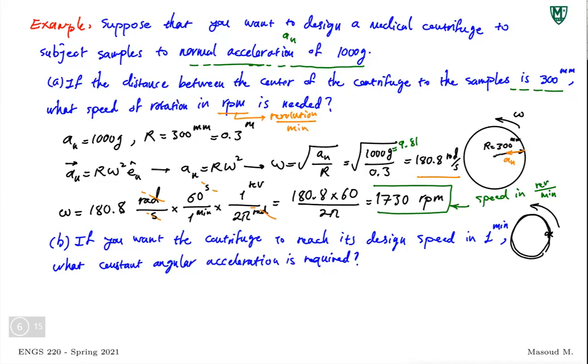So we are looking for the relationship between angular velocity, angular acceleration and time. We know that at the beginning when you turn it on, the initial angular velocity, omega naught, is 0. The final velocity, omega f, is 180.8 radian per second.